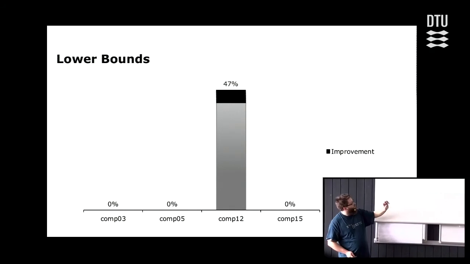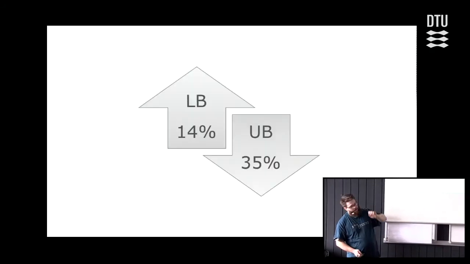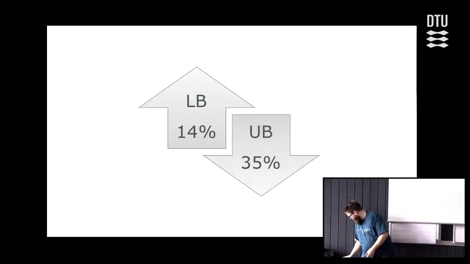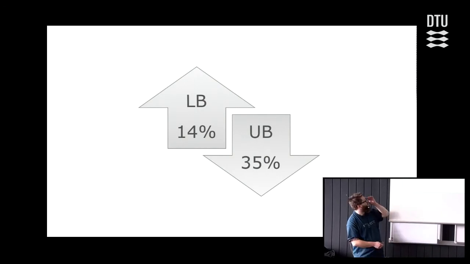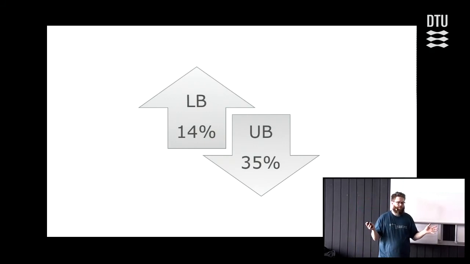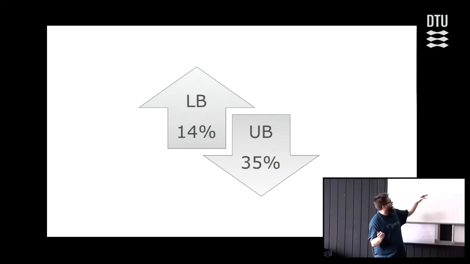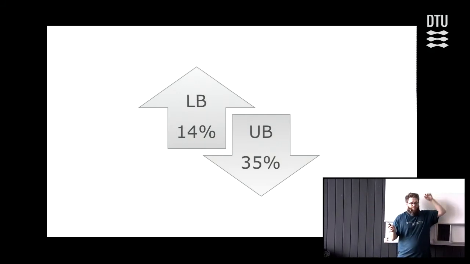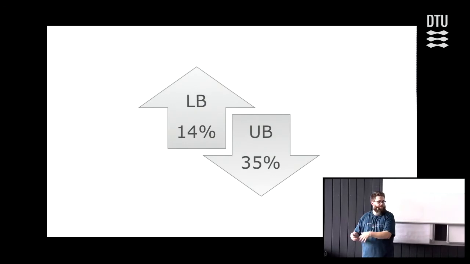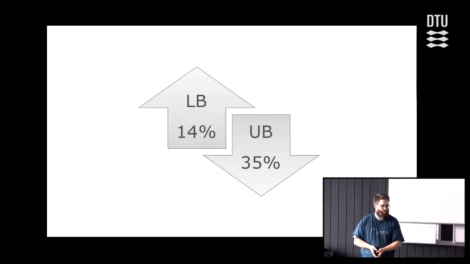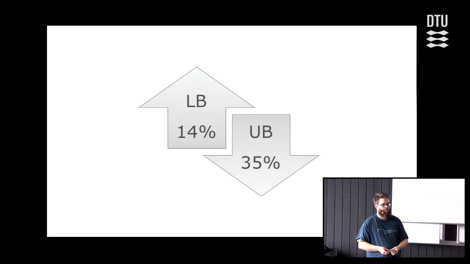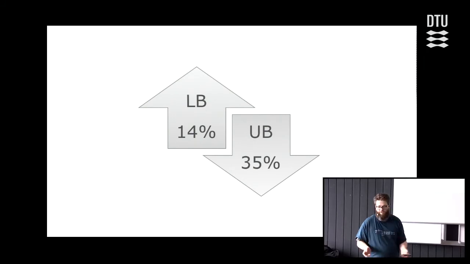But where the real improvement comes is when we look at larger instances. We have a data set from a German university, which is much larger than the data set from the competition. And here we had improvement both on the lower and upper bounds compared to just solving the original flow formulations.